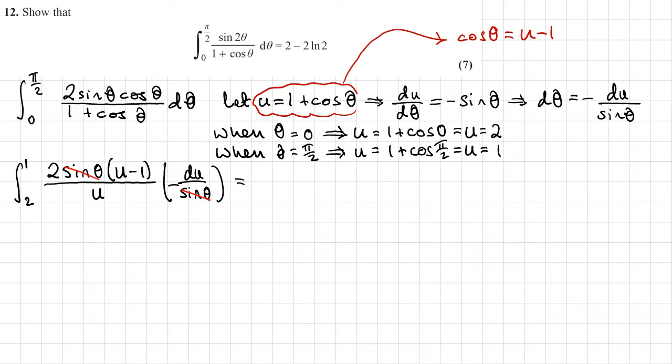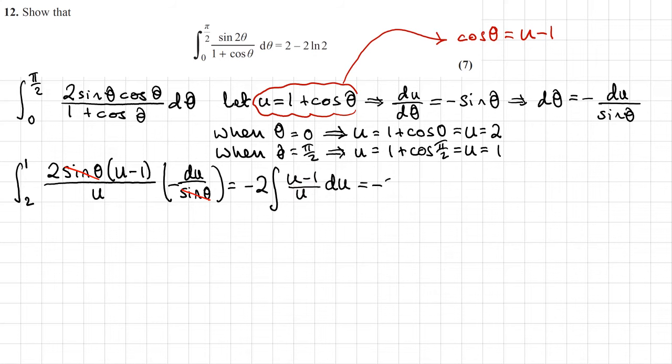I'm going to move the 2 to the other side of the integration sign, and I will have u minus 1 over u du, and there's also a minus there, that negative, so we'll take that on the other side of the integral sign. So minus 2, and then the integration just becomes u minus 1 over u. Now, because I've got two things here over the same denominator, I can split them up. That'll make it easier.